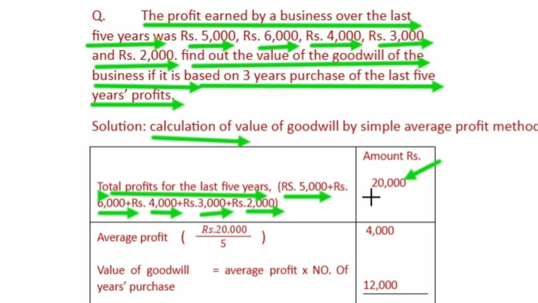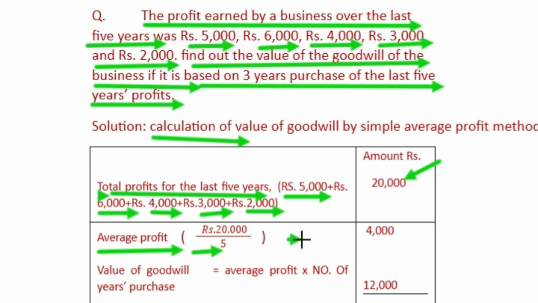This 20,000 is of 5 years, so it should be divided by 5, and here the average profit is calculated. Average profit is obtained: total profit of last 5 years divided by the number of years, 5.